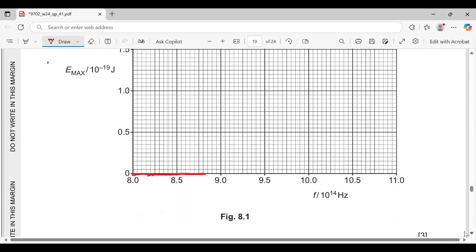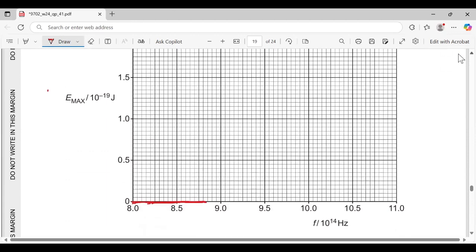And after that, I'm going to continue with the positive gradient to 11, the next coordinate point.